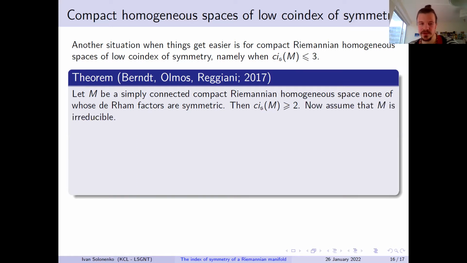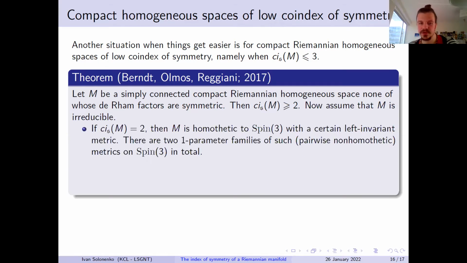Now we assume that it's de Rham irreducible, and now there are these two results. If it's 2, so if the leaves of symmetry are of codimension 2, then M is homothetic, which means it's the same modulo some rescaling by a positive constant, to Spin(3) with a certain left invariant metric.